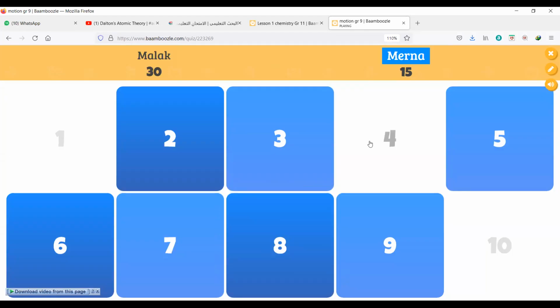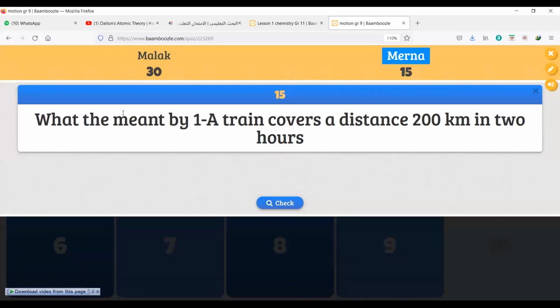Yes, Mirna. I will pick number 3. What is meant by a train covers a distance of 200 kilometers in 2 hours?